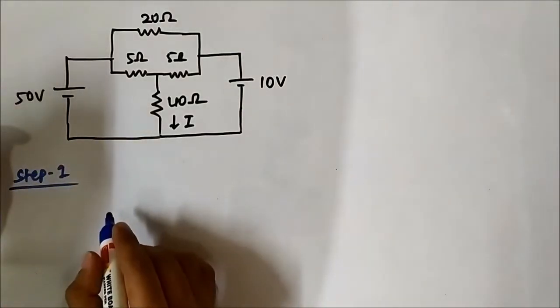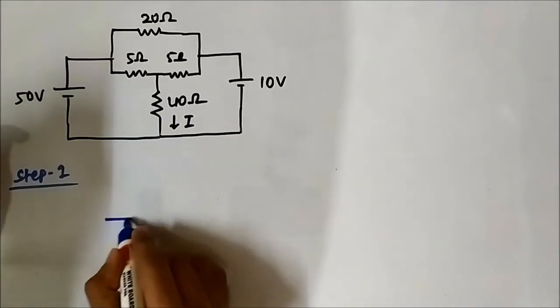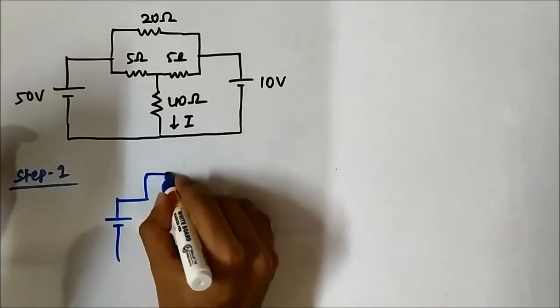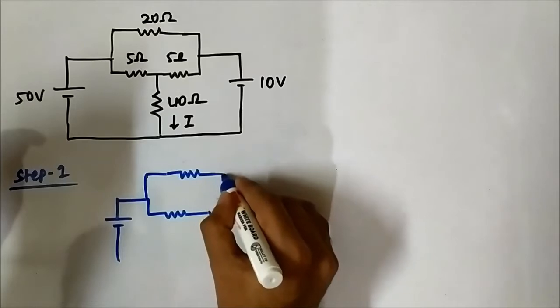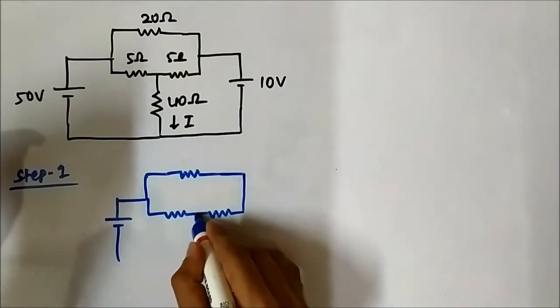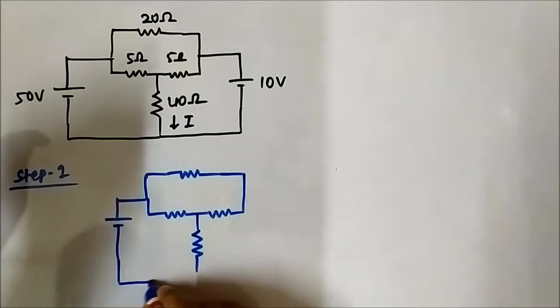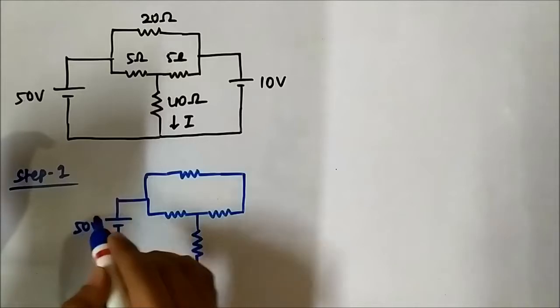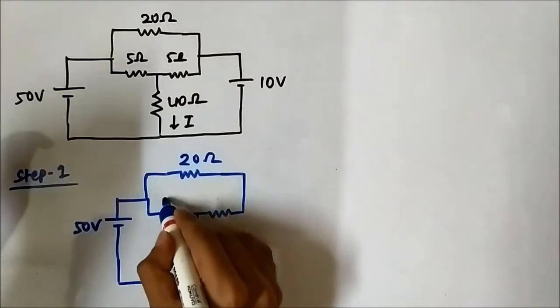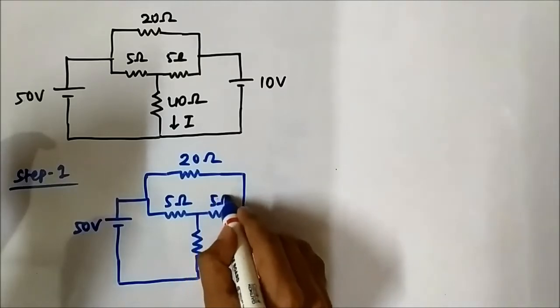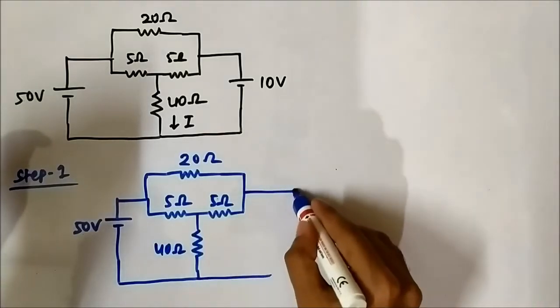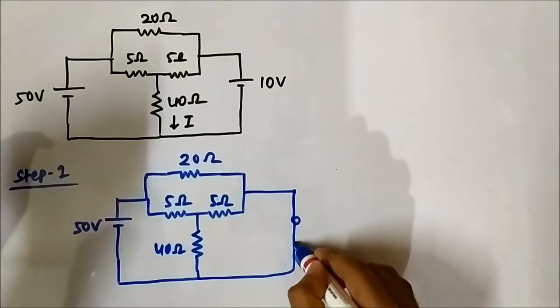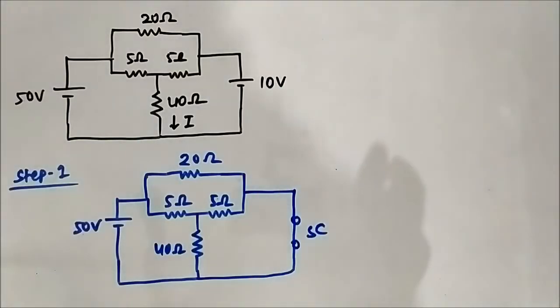The circuit will look something like this. This 10 volt is short circuited.